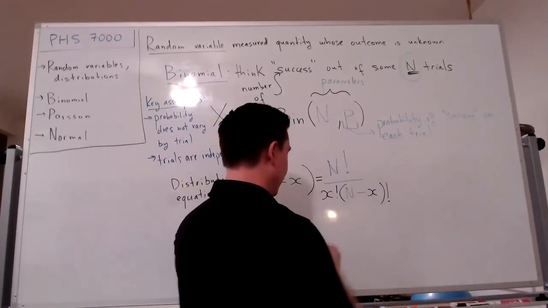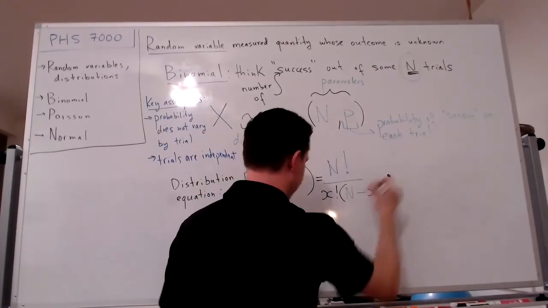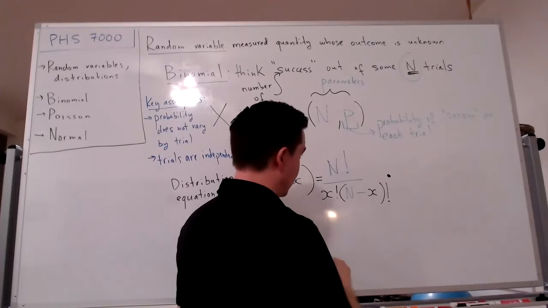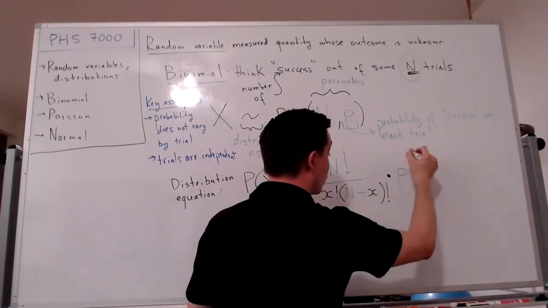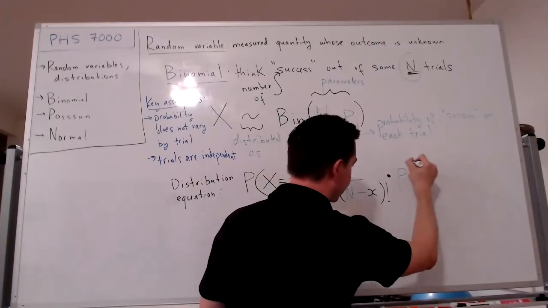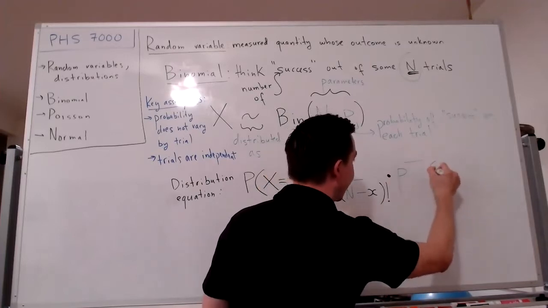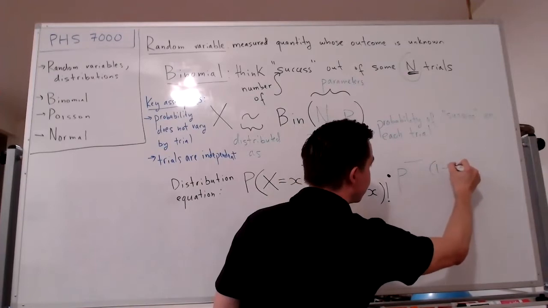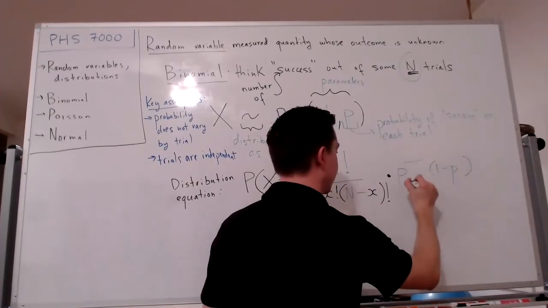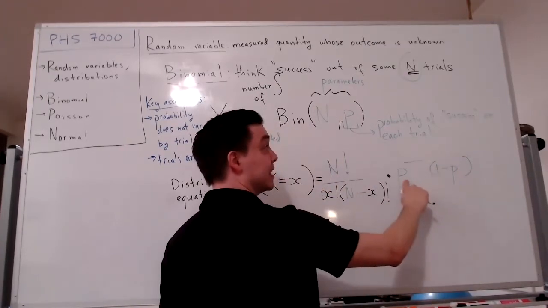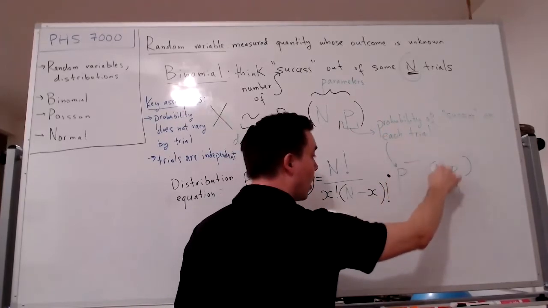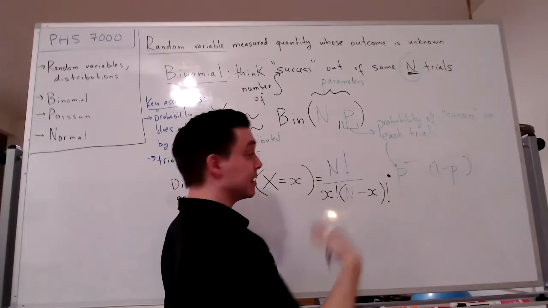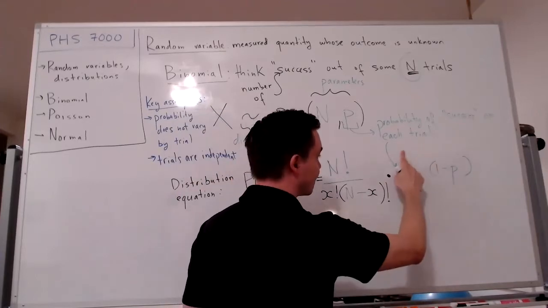All right. Then there is a multiplication sign. We have the probability of success raised to something, and we have the probability of failure. This is the probability of success, the same p. 1 minus the probability of success is then the probability of failure.